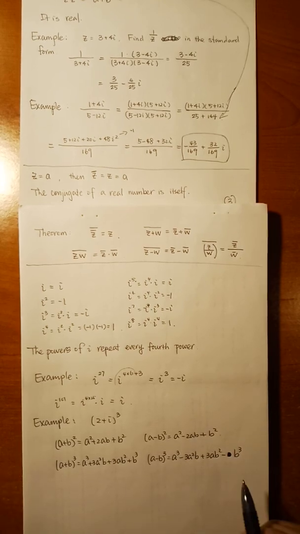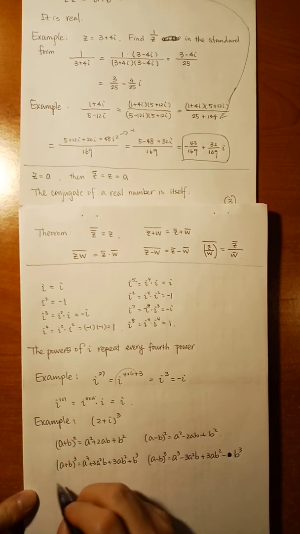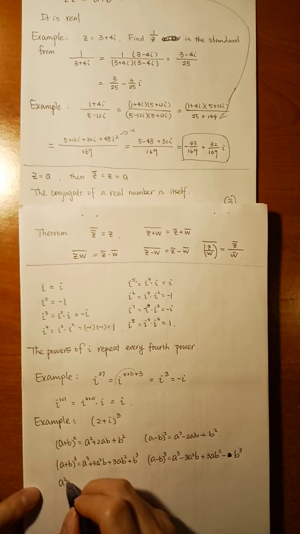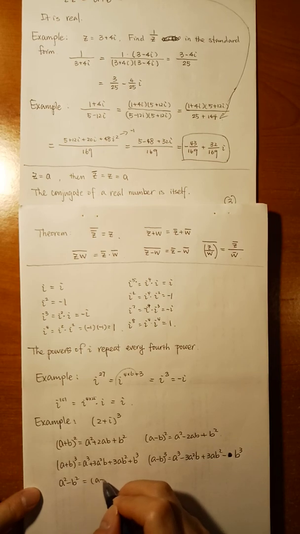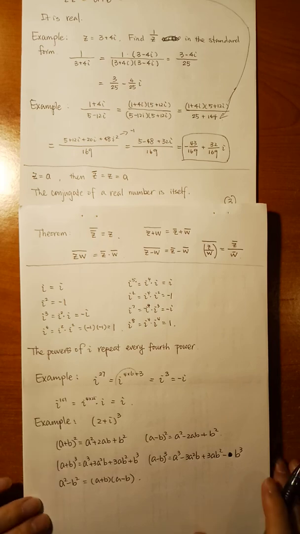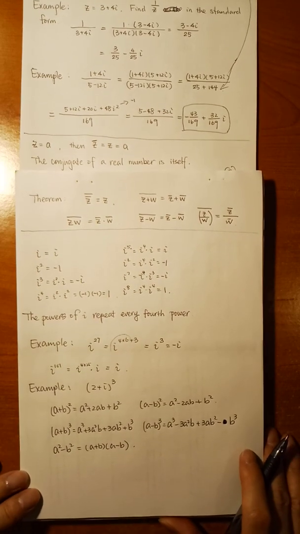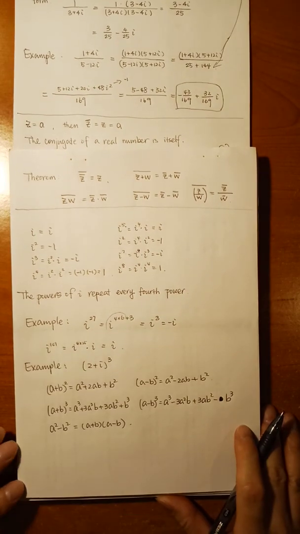There are several formulas more or less like this. Another one is a squared minus b squared equals (a + b) times (a − b). Those formulas are important and fundamental in the study of pre-calculus and calculus.